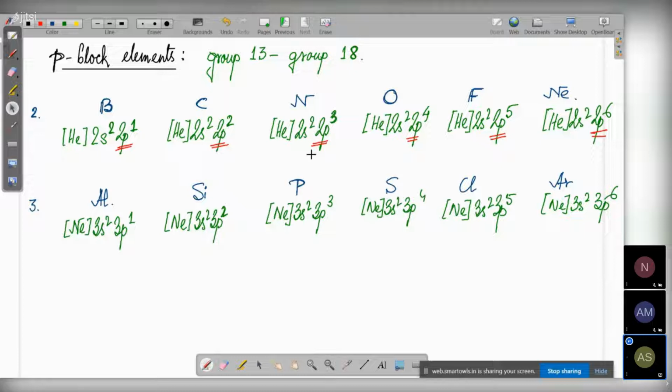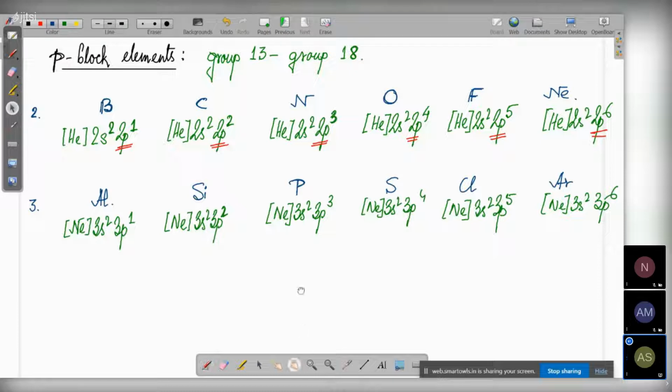In all the examples that you have written, from group 13 to group 18, the valence electron is entering the p orbital. Hence, they are called the p block element. And what is the general configuration?